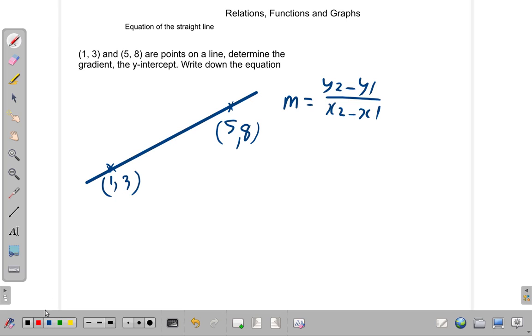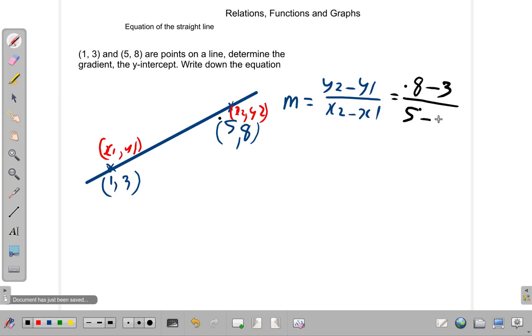In this case, let's say this is our point 1, so we have x1, y1 here, and this is our point 2, so we have x2, y2 here. Now, our y2 is 8, so this is equal to 8 minus our y1, which is 3, divided by x2, which is 5, minus x1, which is 1.